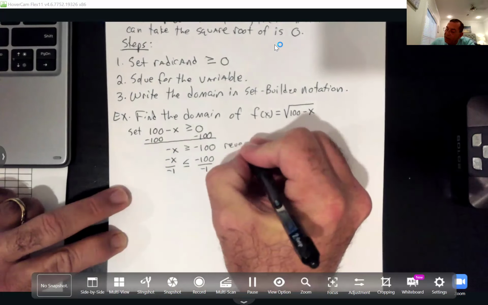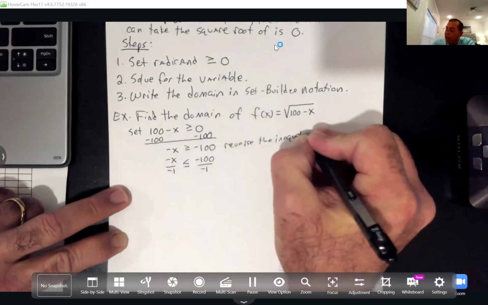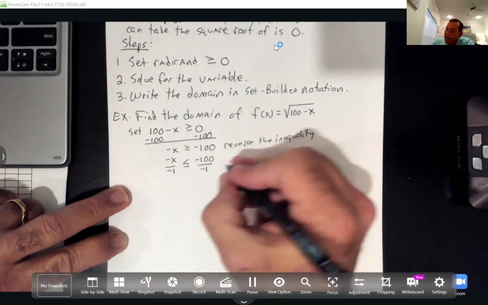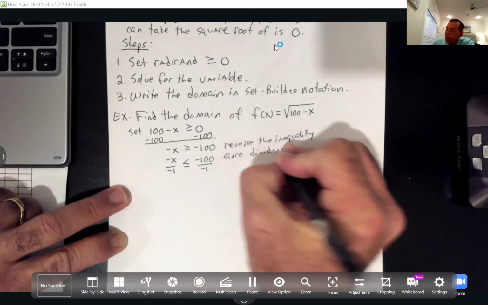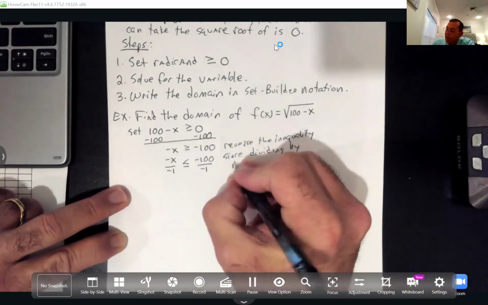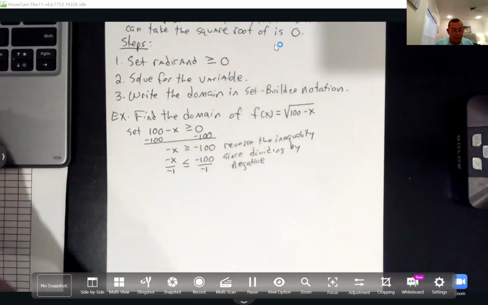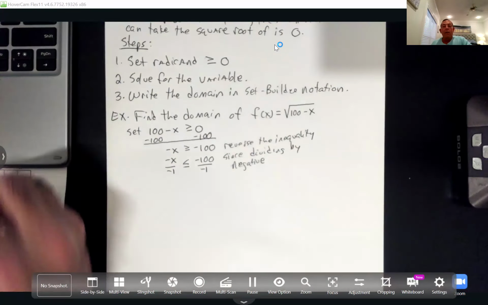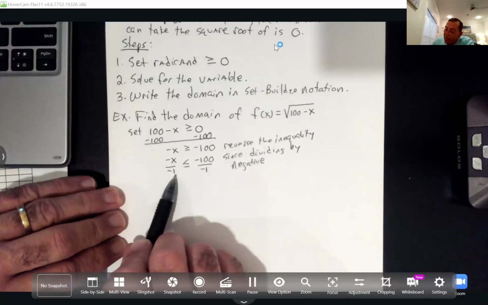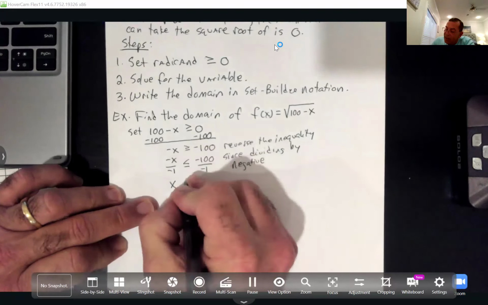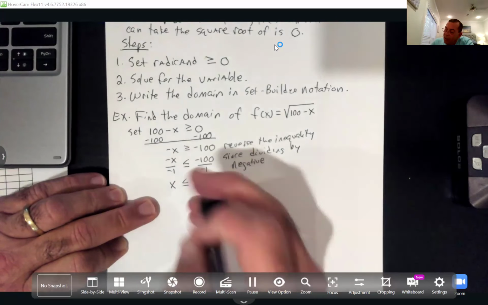So reverse the inequality since dividing by negative. All righty. So that's going to make this negative x divided by -1, that's going to make that a positive x less than or equal to, and then -100 divided by -1 makes that a positive 100.